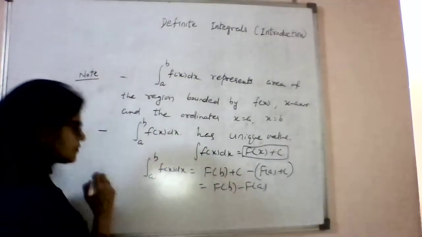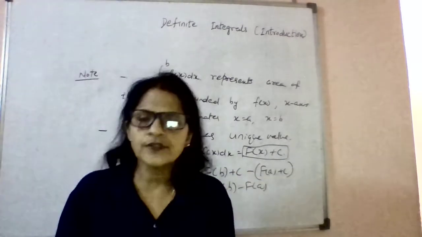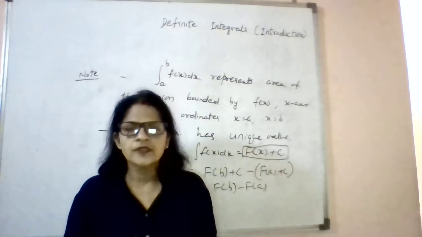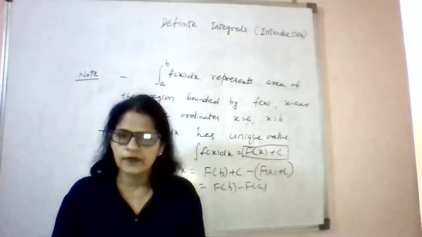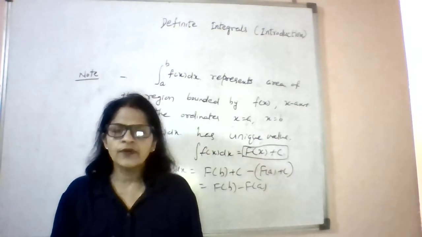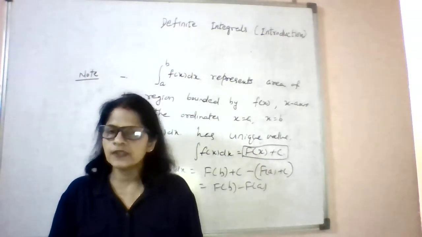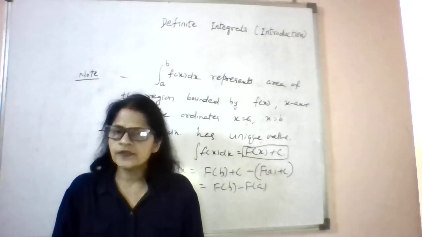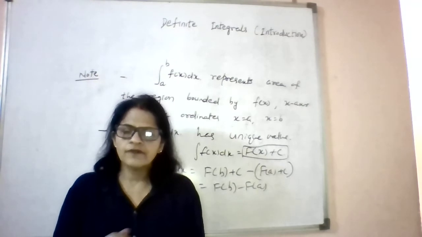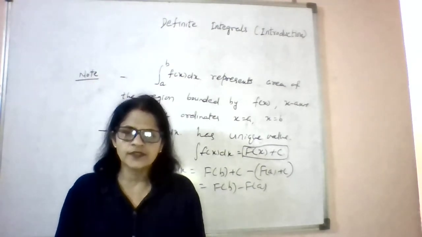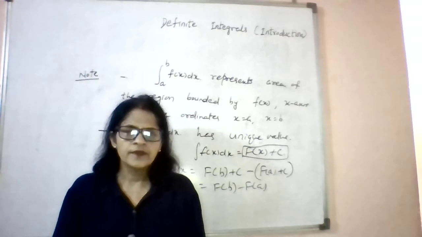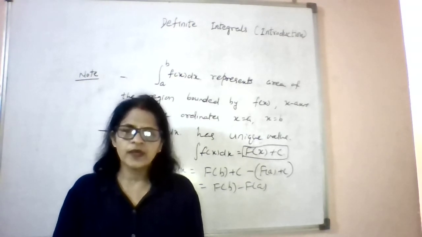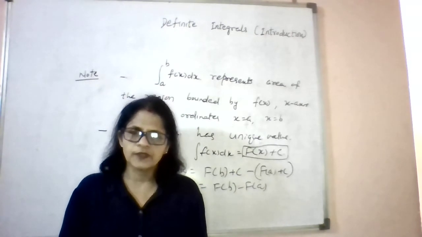The third thing, regarding methods of integration: whichever methods we have already studied in indefinite integrals, all the methods will be applicable here. So we don't have any other specific methods. We can use integration by parts for functions of the type f(x) into g(x). Similarly, we can use integration by substitution, and also integration by partial fractions.